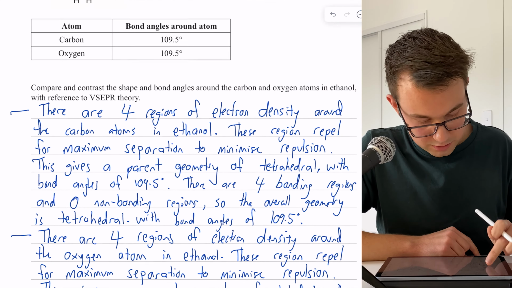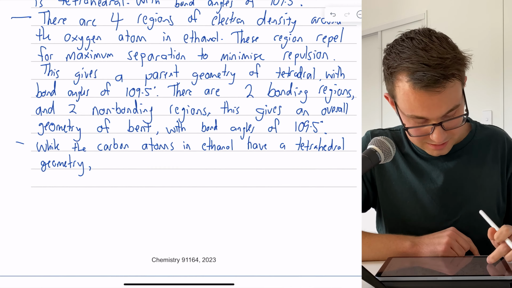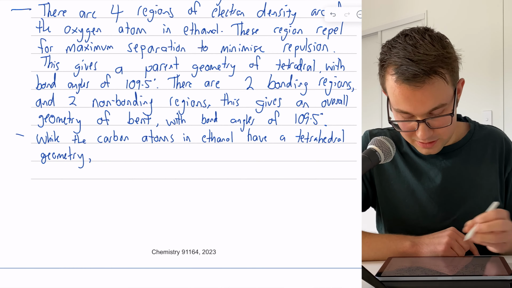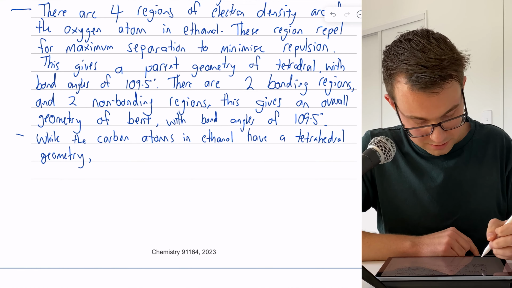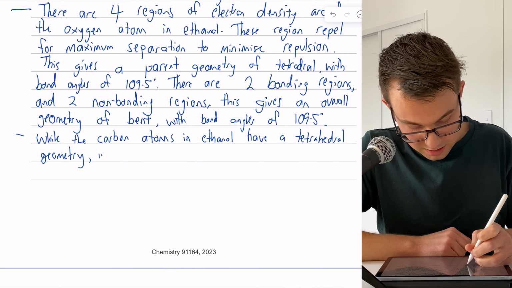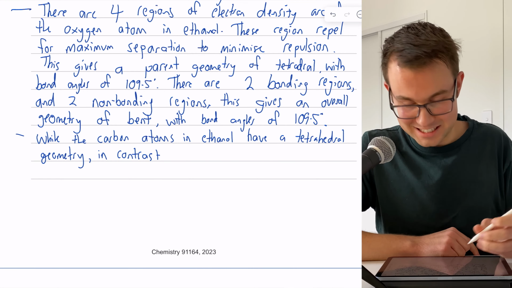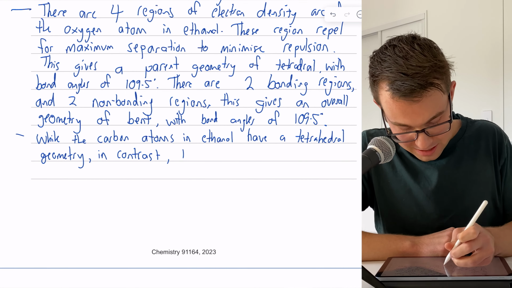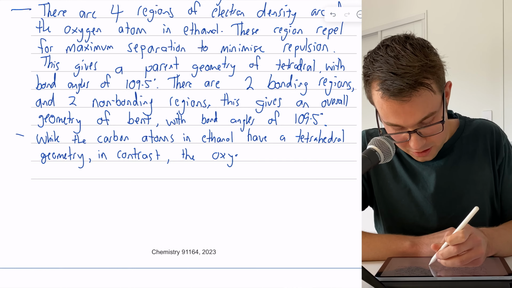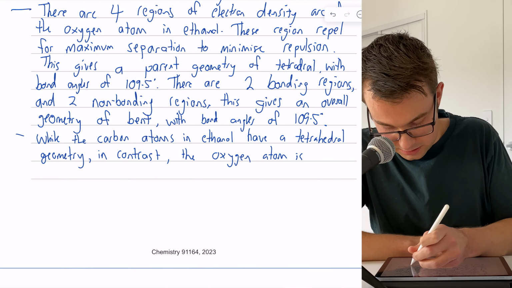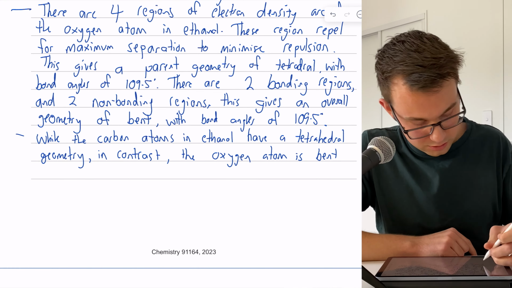Can you just say contrastly? That's not a word. Well, the carbon atoms in ethanol have a tetrahedral geometry. Oh, here we go. In contrast, the oxygen atom has a bent geometry.